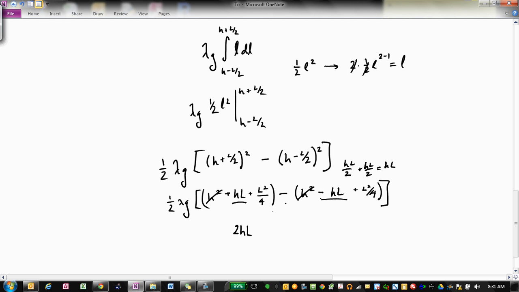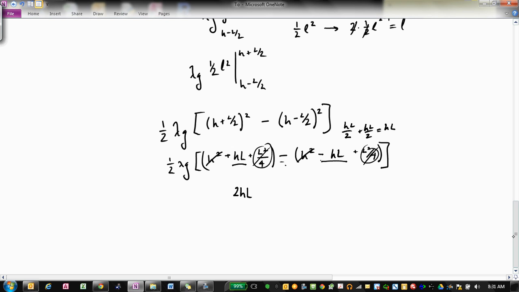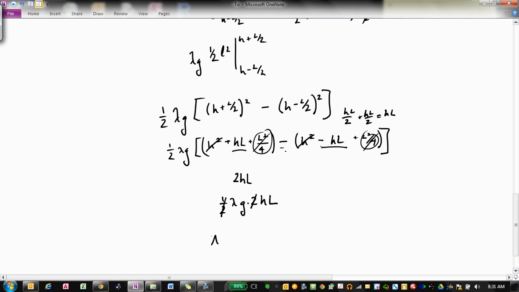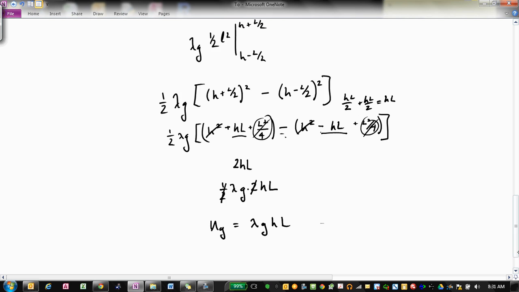And then the last one here, we've got plus. Distribute the minus sign, it's going to be minus, so that goes away too. So what we have is 1/2 lambda g times 2hL. This goes away. So our final U_G is expressed like this, lambda g h L, which almost looks like what we want.